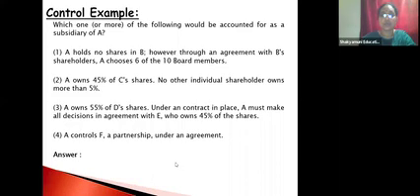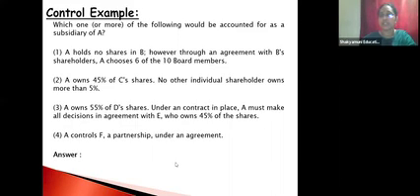Let us take point number 2. A owns 45% of C shares. No other individual shareholder owns more than 5%. That means A owns 45% shares and we have the other 55% shares, right?